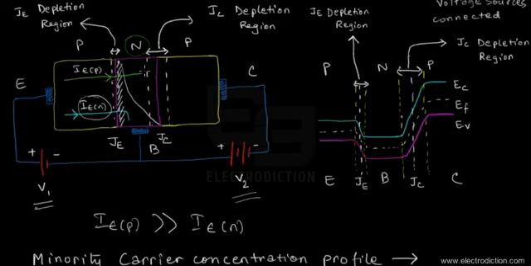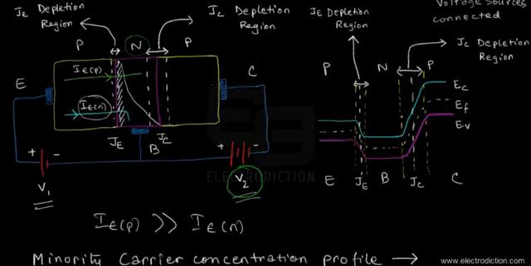Now the holes reaching the base, those present in the base section of the BJT, would obviously be attracted by the negative charge given by this reverse bias voltage V2, connected due to this voltage source V2.